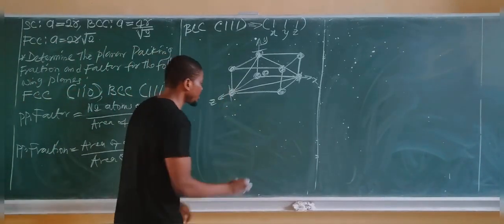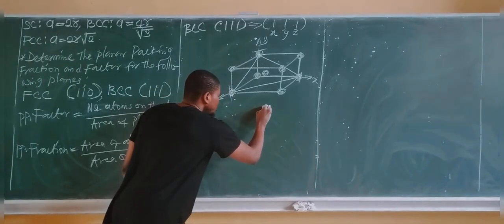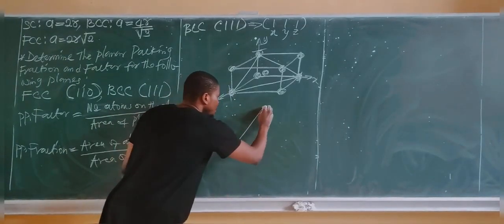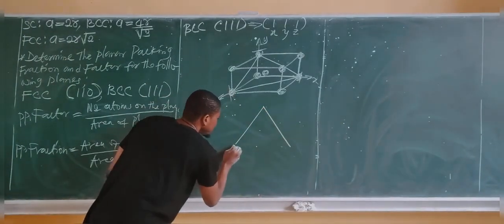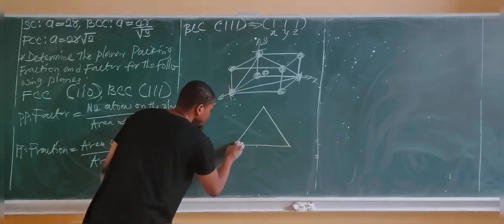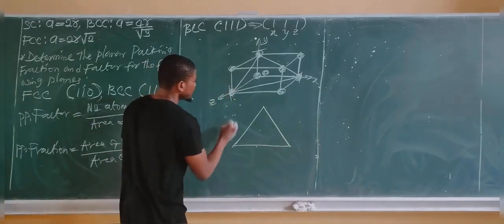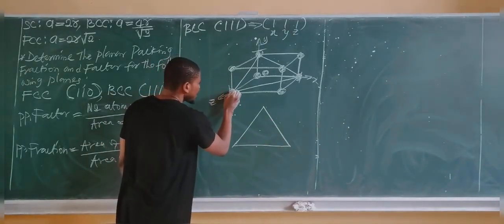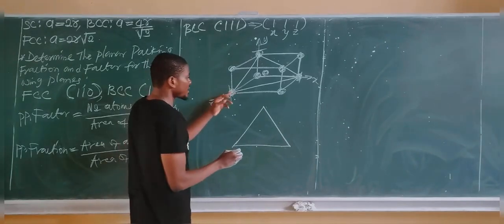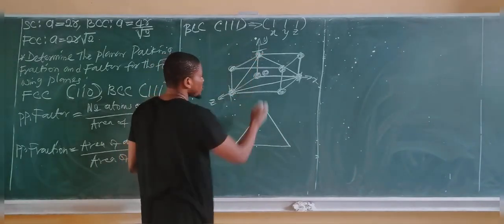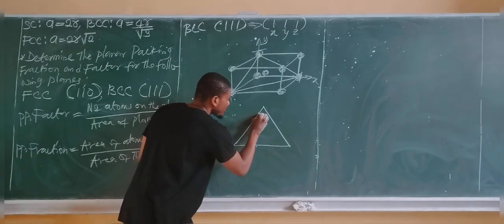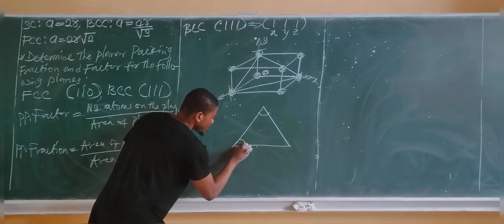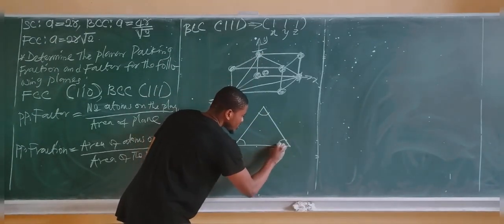If you pull out this plane, you have an equilateral triangle. Not forgetting that at each of these nodes, we have an atom. At each of the corners, we have an atom. So we have an atom here, we also have an atom on this corner, and we have an atom on this corner.